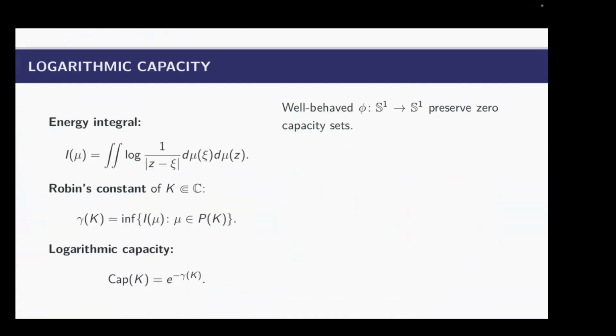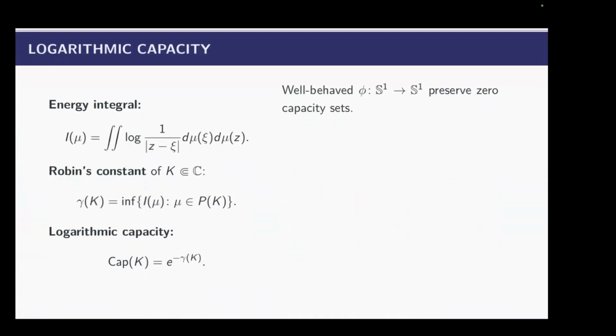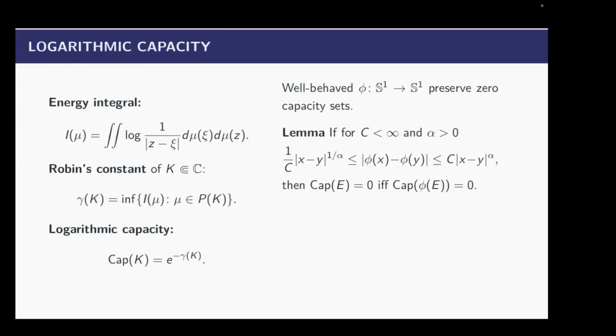And now what I want to emphasize is that well-behaved circle homeomorphisms preserve capacity 0 sets. The classical example of maps that preserve capacity 0 sets are bi-Hölder maps. We say that the map is bi-Hölder if there is a constant that is less than infinity and some positive exponent so that this inequality holds.